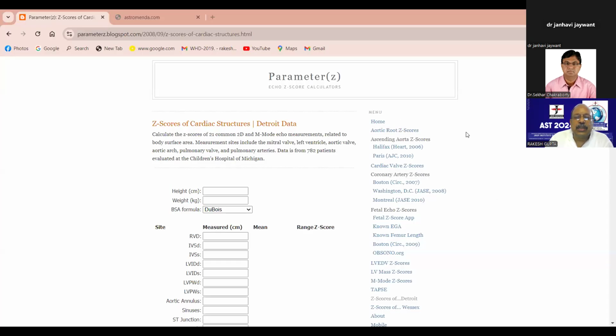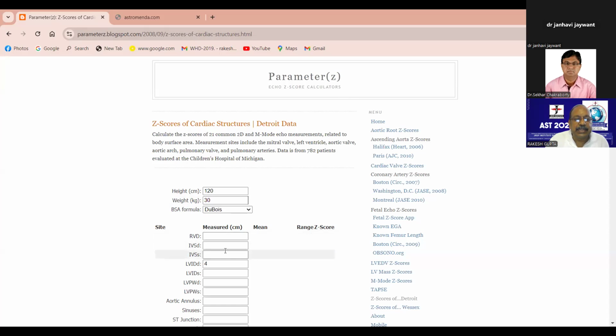Okay, you can see my slides over here. Look, this is the online parameter Z score. Suppose your LV size is 41 millimeters, but you have to enter height and weight. Suppose height is 120, weight is 30 kg.